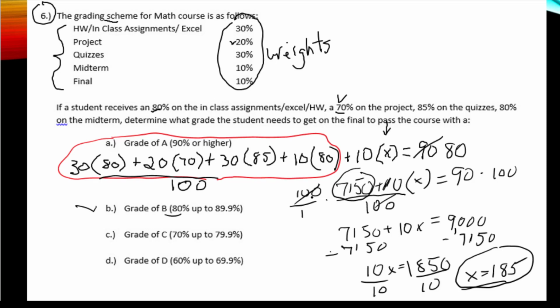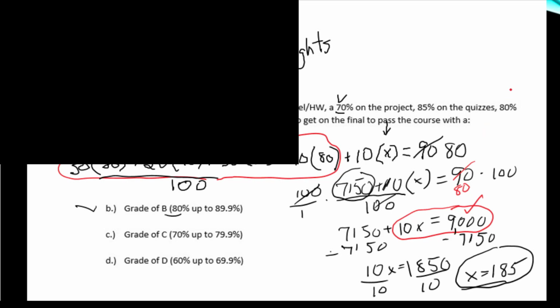I can multiply both sides by 100 to start. So the only thing I really need to change is it's going to be 80 times 100 instead of 90 times 100. So I'm going to keep basically this, with just this number changing based upon the 80 here.